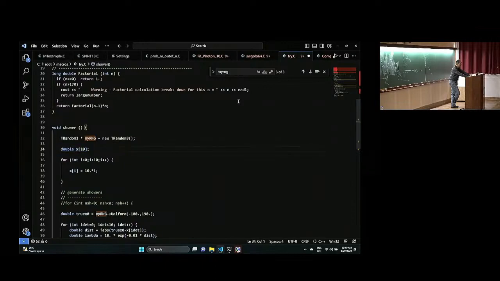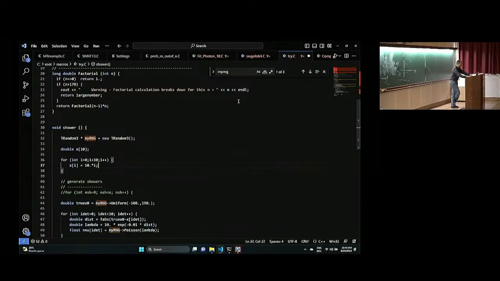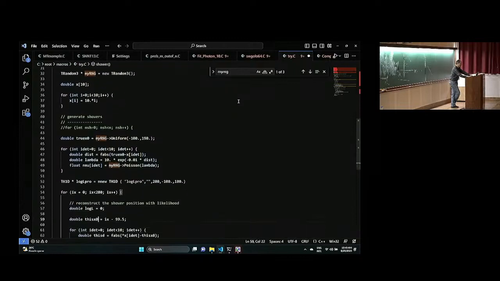If you do it at home, you can do X and Y, so generate X and Y positions in a grid. Here, I'm just putting 10 detectors in a line, so it's very simple, 10 meters spaced. And then I generate 1 shower, which has a true X0, which is uniform between -100 and 190. Yes, why 100 and 280 later? Let's do 290 bins.